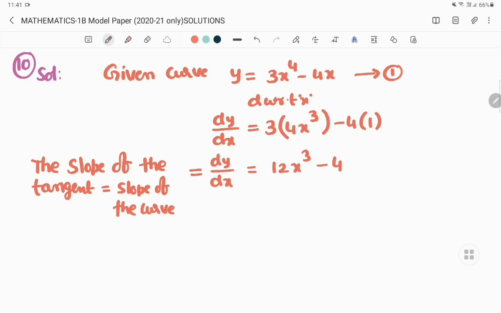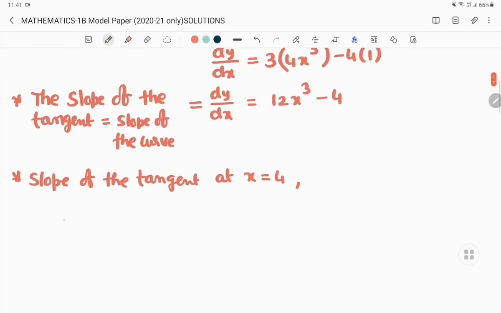So we got 12x cube minus 4, the slope of the curve or slope of the tangent. They are asking to calculate the slope of the tangent at x is equal to 4. So how to write it: dy by dx when x is equal to 4.